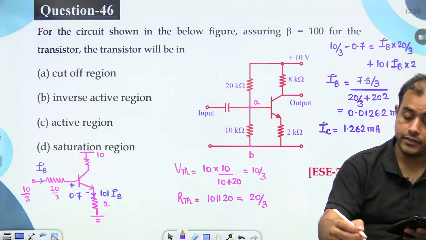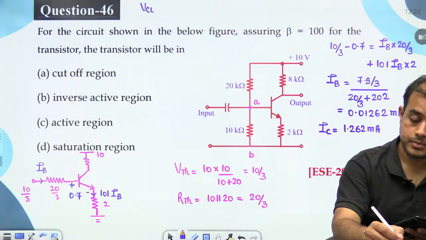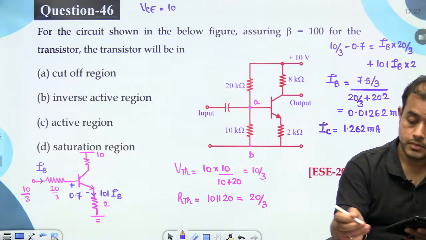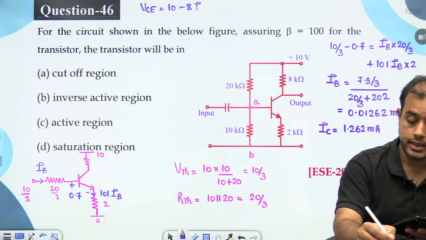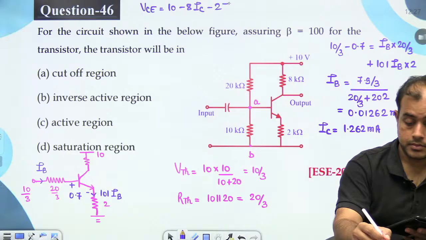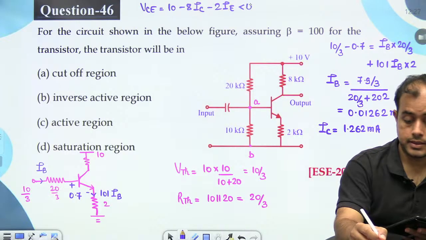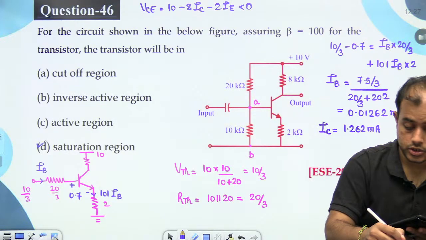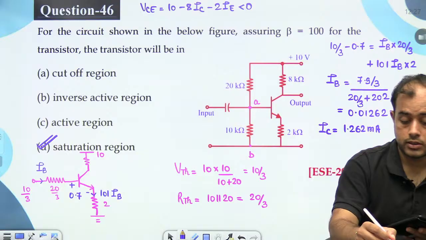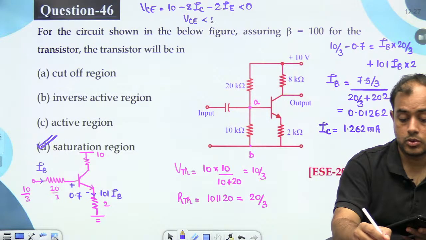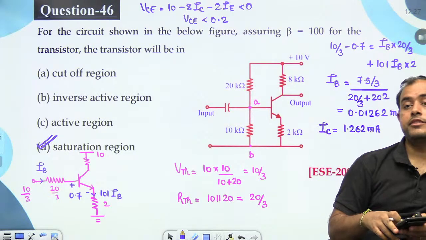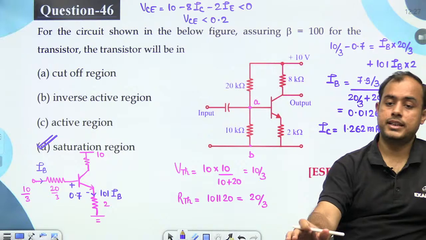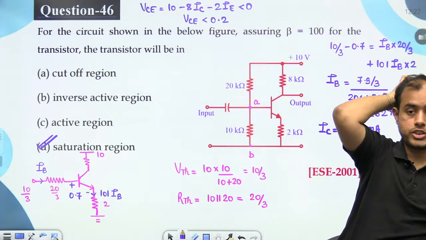Okay, now we need VCE. It is 10 minus 8 IC. This is negative, so it is saturation, because VCE is less than 0.2. Maine wahi bola na, VCE nikalna padega. Theek hai, so it will be in the saturation region.